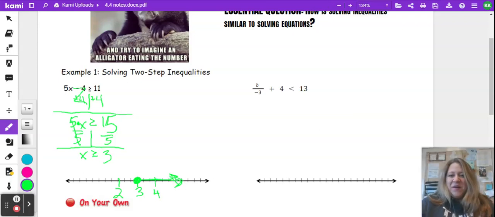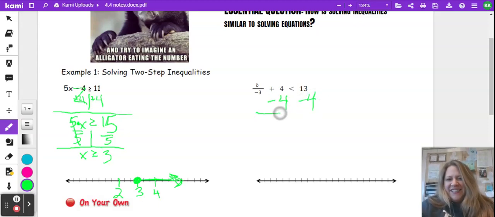Hi guys. I'm gonna be your guest today. So I think you subtract the 4 from both sides. And then 13 minus 4 is 9. And then b over negative 3, still keep it like that.